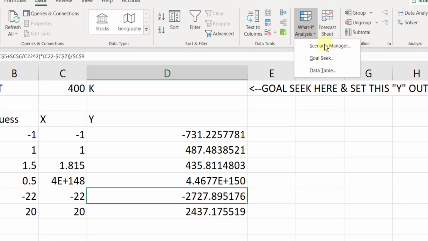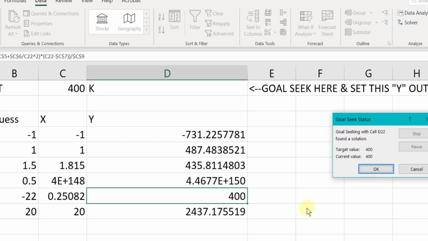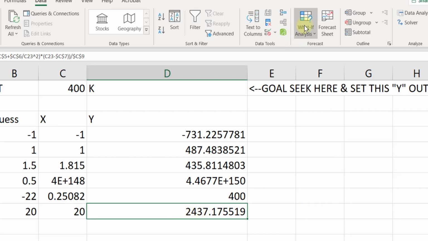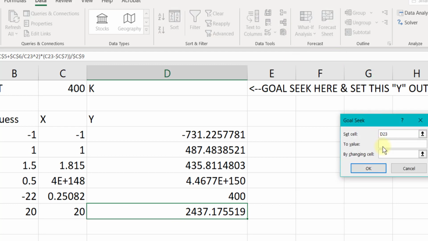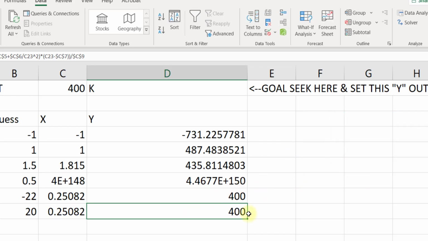So let's see if a little bit of distance helps Goal Seek get to its answer in less than 1,000 iterations. Yep, but we have to confirm it. Could have just been an accident. Let's try a different value, and we confirmed it quickly.